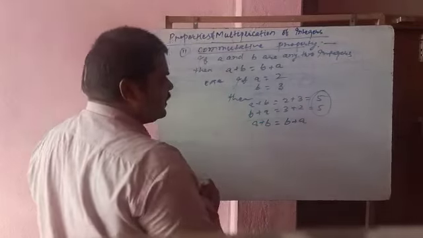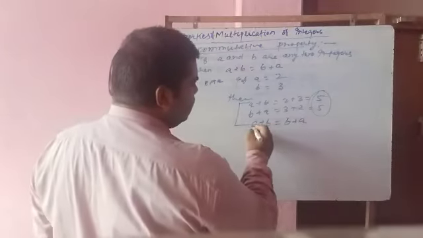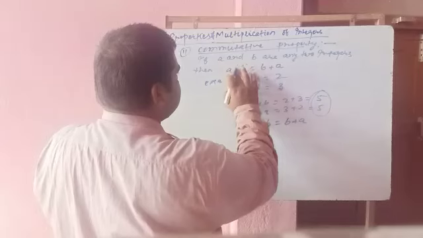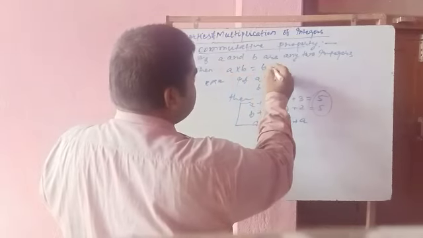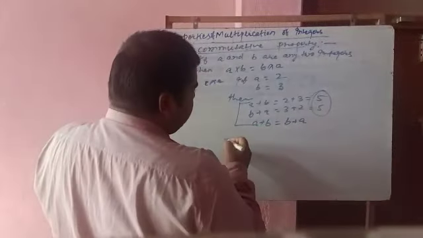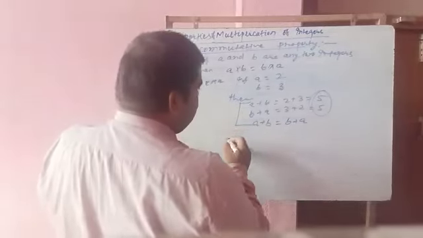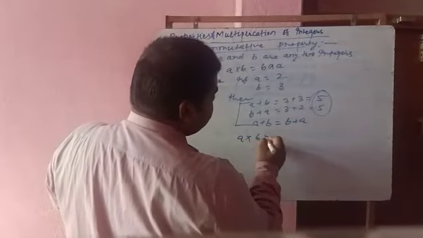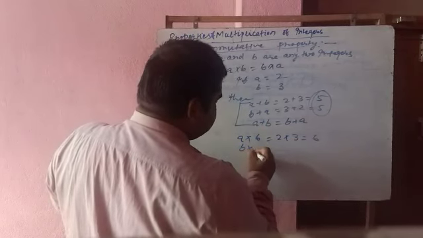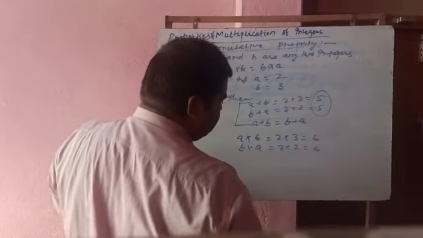This is the property of addition that you have learned. Similarly, in the case of multiplication, a into b is equal to b into a. For example, 2 into 3 is equal to 6, and 3 into 2 is also equal to 6.